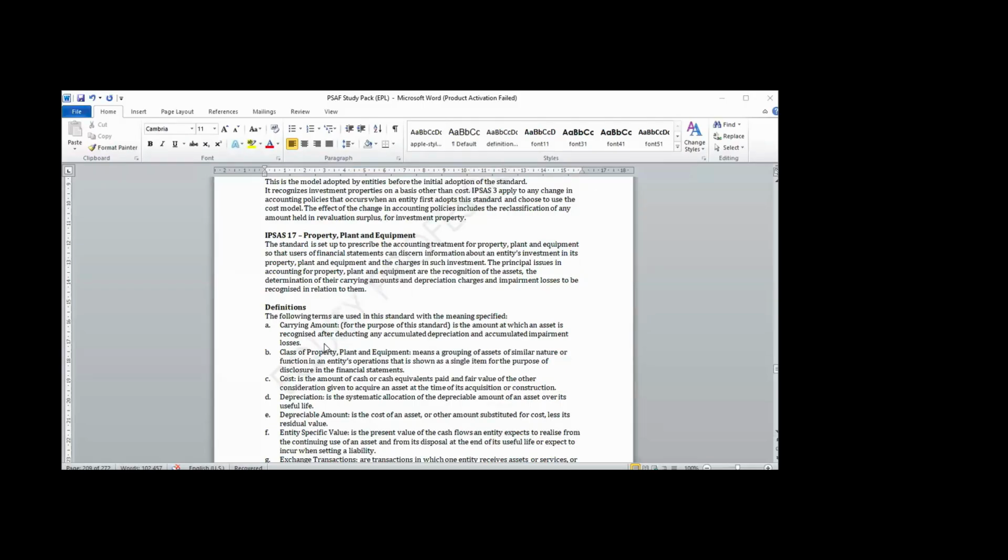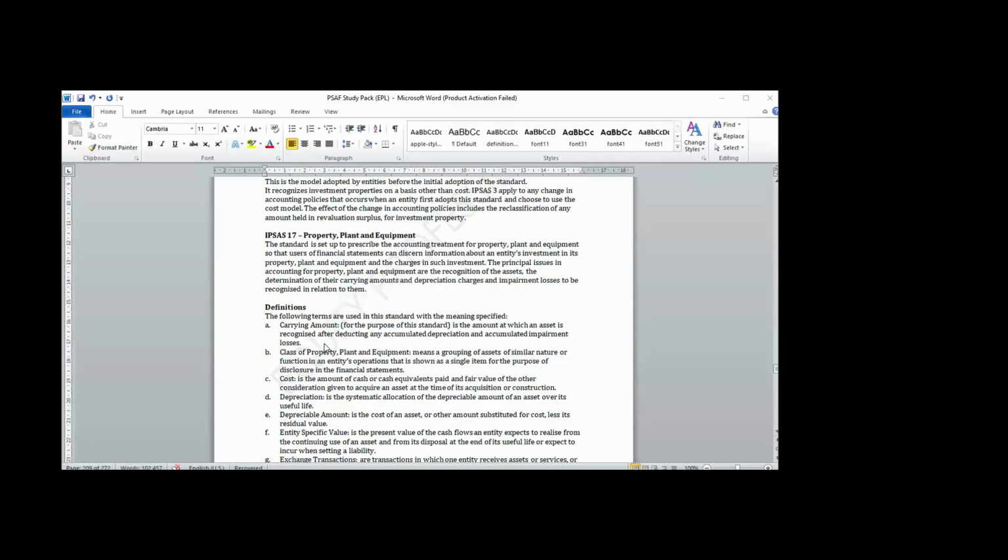Now, what are the terminologies we also need to have an idea of in terms of the definition of terms? First thing we look at is carried amount. What is carried amount as far as property, plant, and equipment is concerned under IPSAS 17?